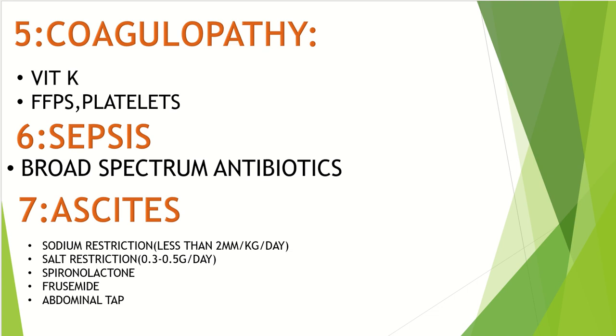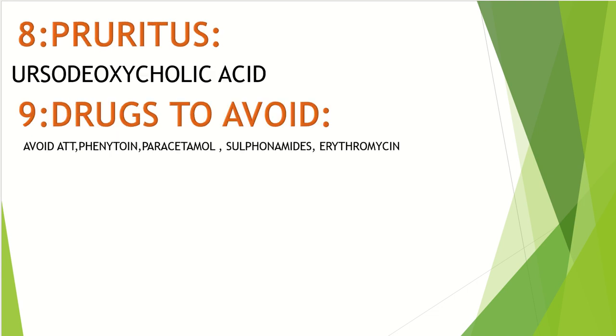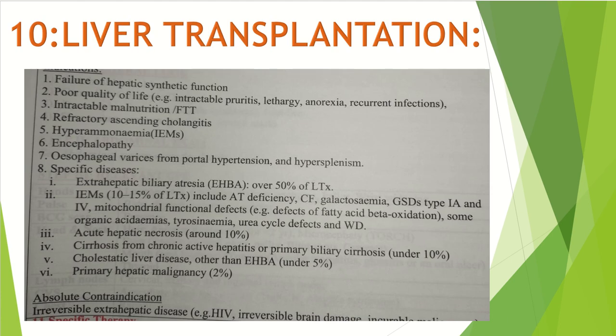We'll add spironolactone, furosemide, and abdominal tap. And in order to treat pruritus, we have to give the baby ursodeoxycholic acid. The drugs to avoid are ATT, phenytoin, paracetamol, sulfonamides, and erythromycin.